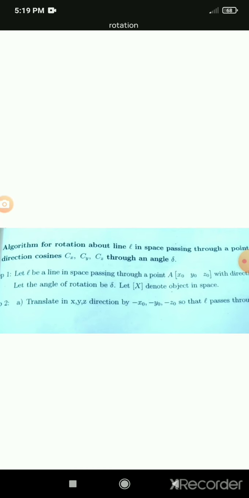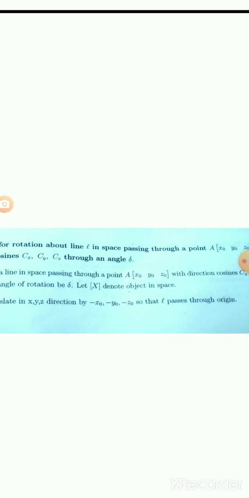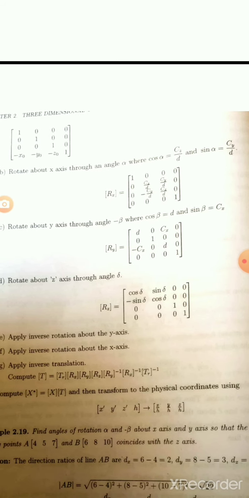Second step: first translate in the x, y, z direction by minus x naught, minus y naught, minus z naught so that L passes through the origin. Therefore we get this transformation matrix. Next, rotate about the x-axis through an angle alpha, where cos alpha is cz upon d and sin alpha is cy upon d.